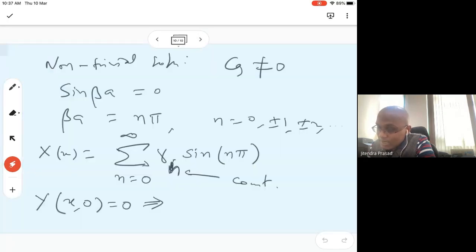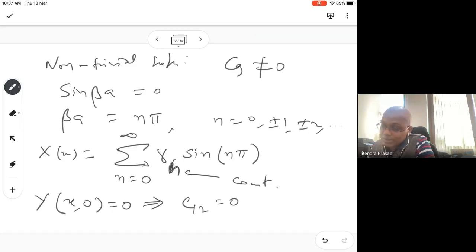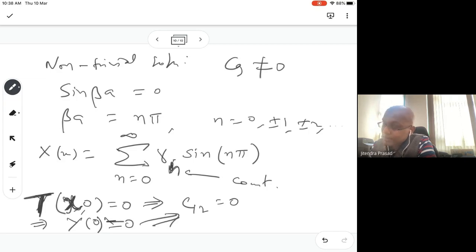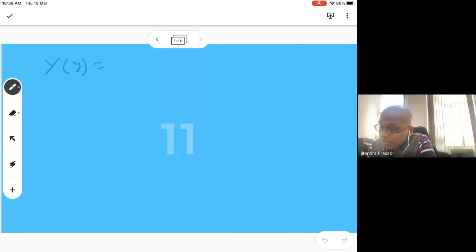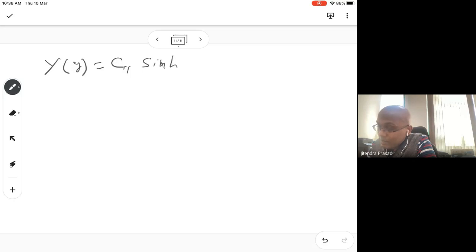So C12 equal to 0. That really means y is equal to C11 sinh beta y. This is the solution for y.